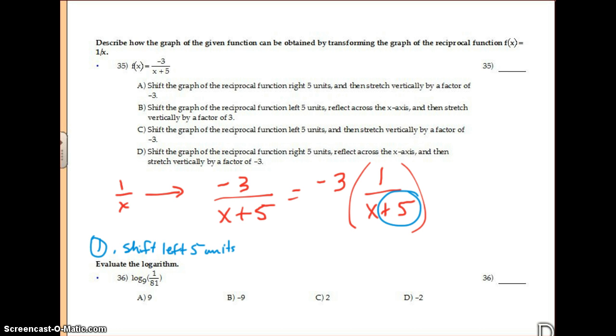And then we multiplied by 3. And we multiplied actually the whole function by 3. So anytime you multiply the whole function, that's going to be a vertical change, and in this case it's a stretch because 3 is greater than 1. If it were less than 1, it would be a shrink.